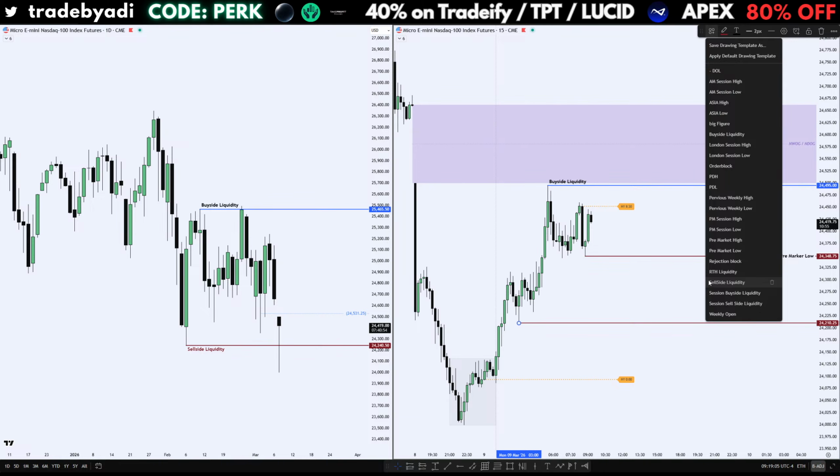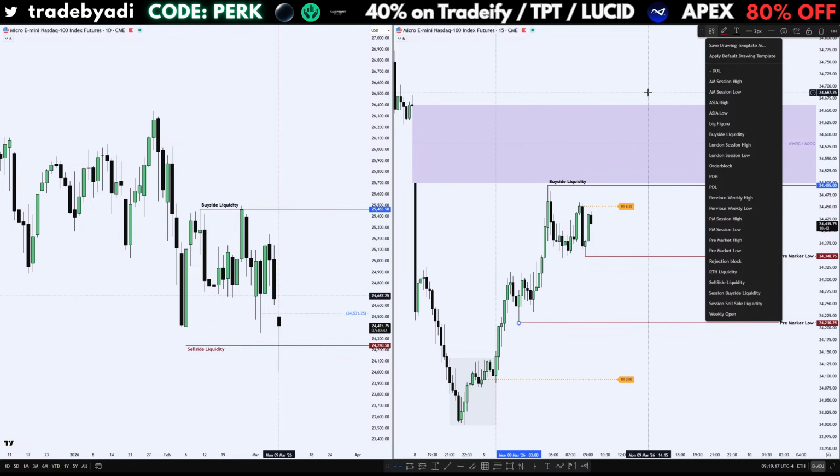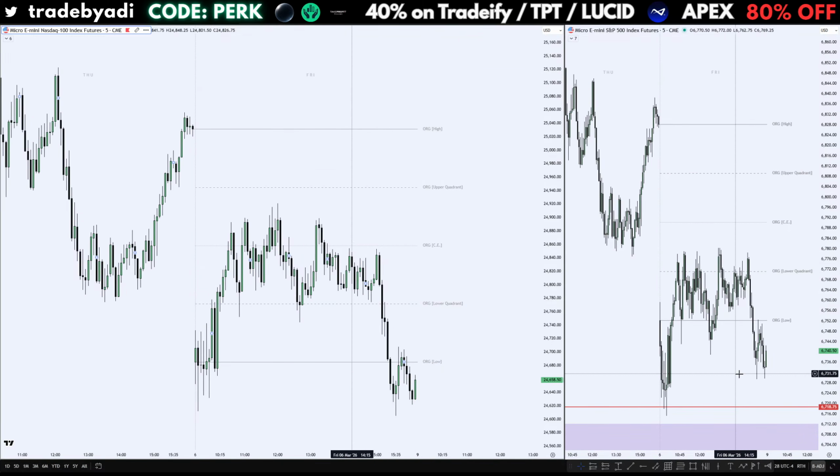And remember one thing, we don't have news on Monday, so the opening will be harsh. It will be slow price action again because the overnight session has been expanded. But the good thing is the pre-market is in consolidation. This is what I'm saying: the London session low and yesterday's price action.